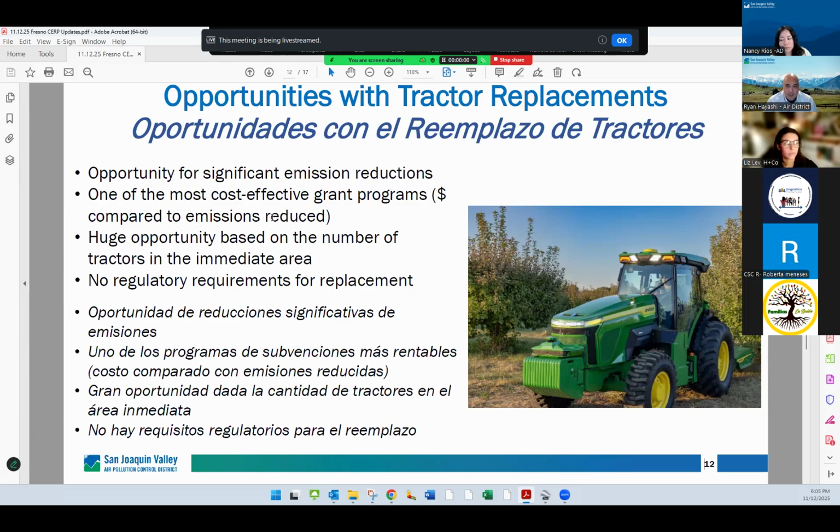We did some inventorying of how many tractors are out there within close vicinity of the Fresno area, which does impact the air quality within the boundary. And I'll show that in the next few slides. But then once again, there's also at this time no regulatory requirements.